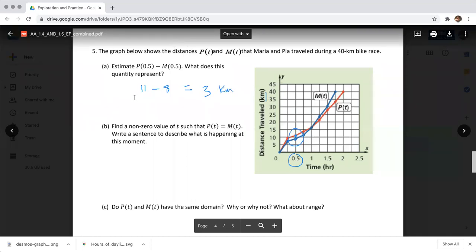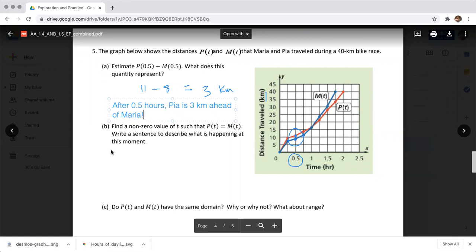And so thinking about what that might mean, this means that after 0.5 hours, Pia is 3 kilometers ahead of Maria, right? Because they have gone 3 kilometers further.